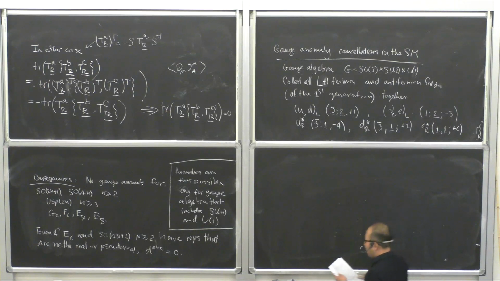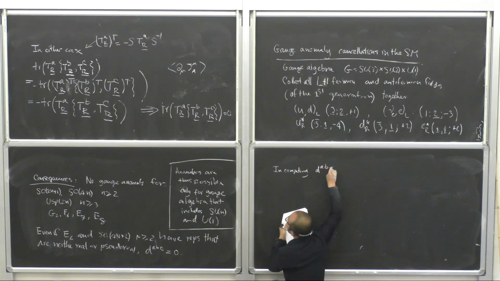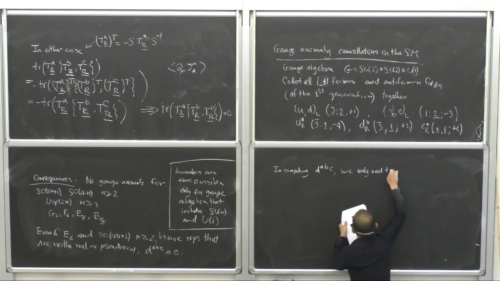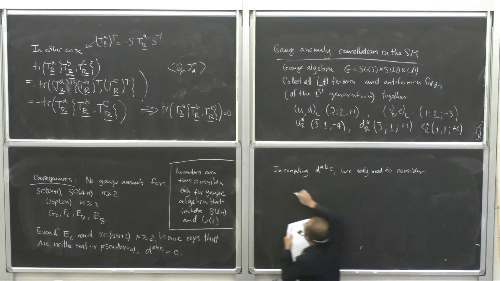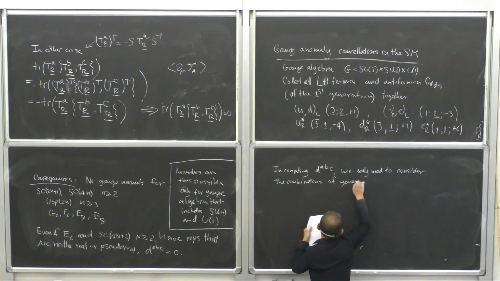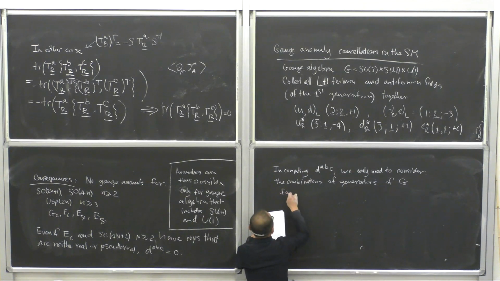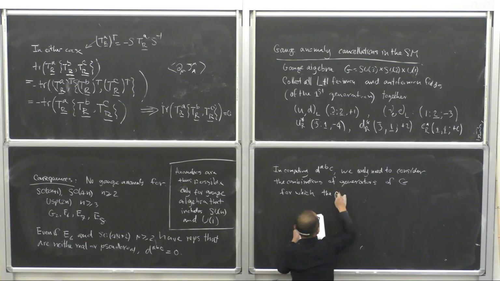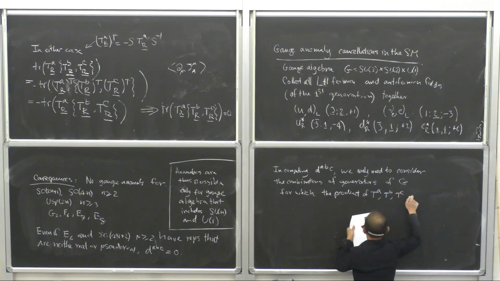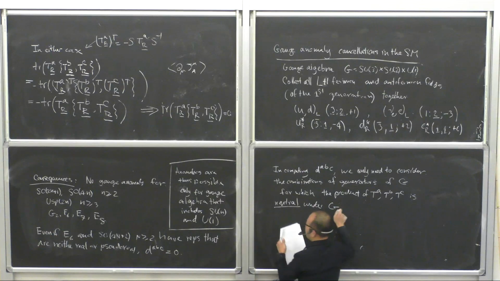But the trick is that in computing d^{ABC}, since it has a trace, we only need to consider the combinations of generators of G for which the product T^A T^B T^C is neutral under G. Why?